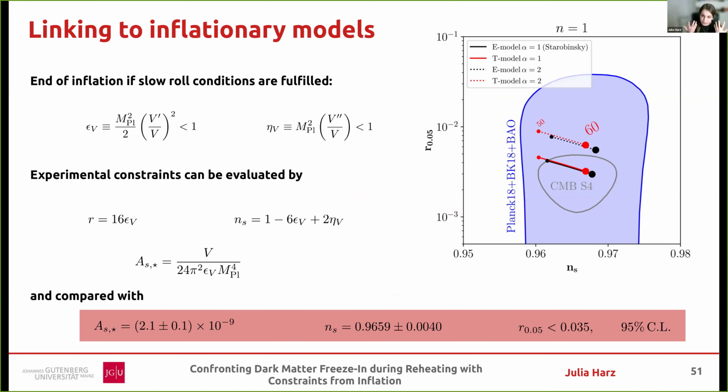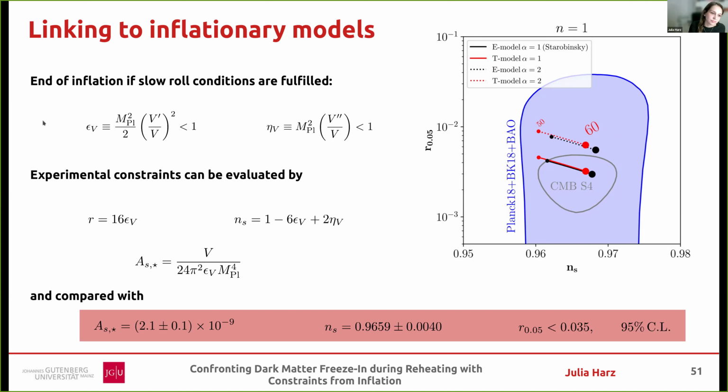Okay, just to get a little bit of a feeling of how we connected, you see here the spectral index, and here the tensor to scalar ratio. You see here for this so-called E and T model for different alphas, this was the free parameter. This one gives you the Starobinsky model. We are here in agreement with the Planck data.